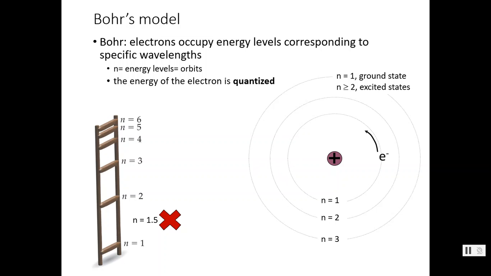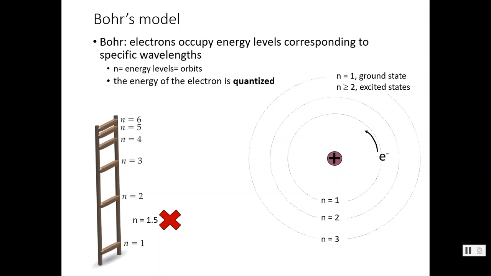And as you get further away from the nucleus, here is this positive charge in the center, the energy level, or the n associated with that orbit, increases. So that means that the further away you travel from the nucleus with respect to orbits, the greater the energy that orbit has, and that electron has when it's in that orbit.